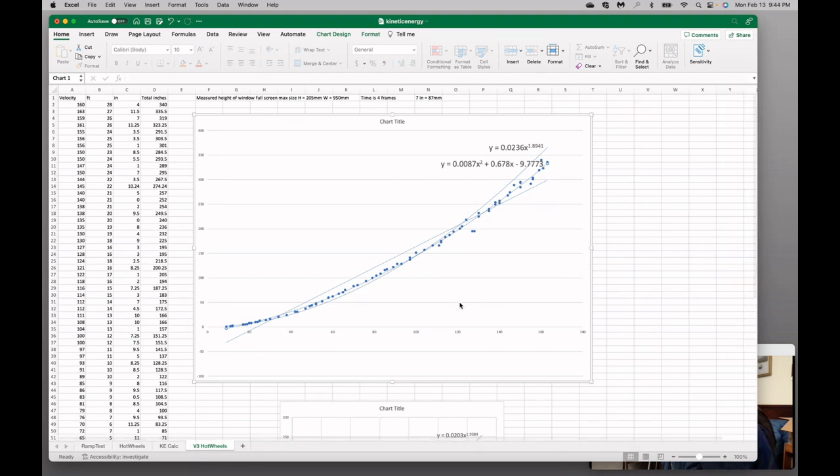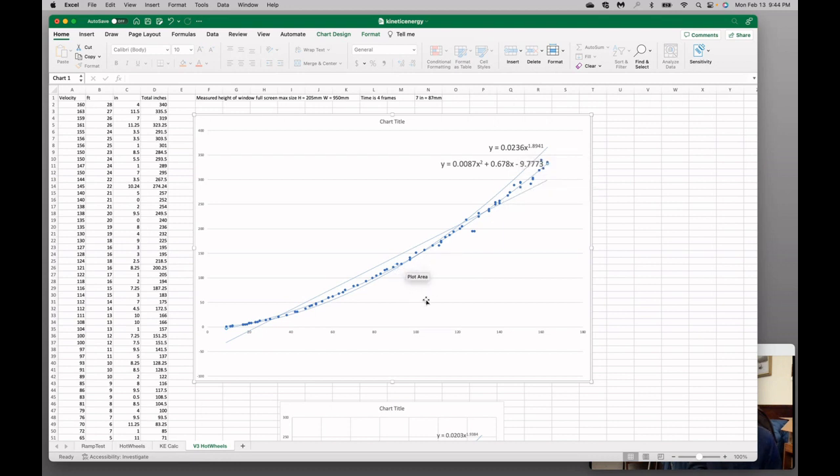And so if we were to try and see whether this corresponds to a v squared: on the bottom here is the velocity, and over here is distance traveled, which is a proxy for kinetic energy. The Excel spreadsheet trend line says that it's about v to the 1.89.